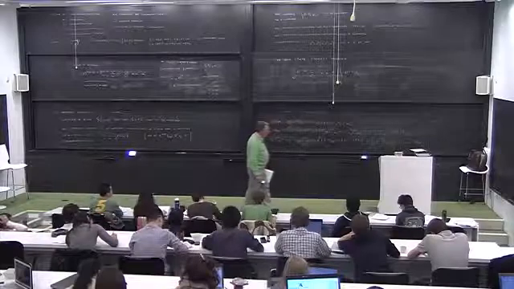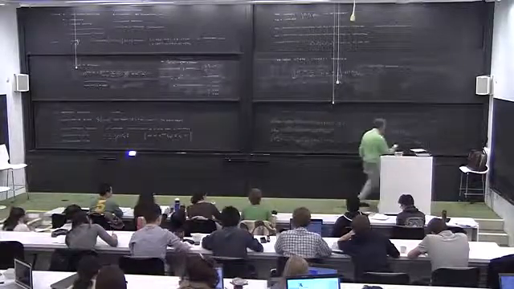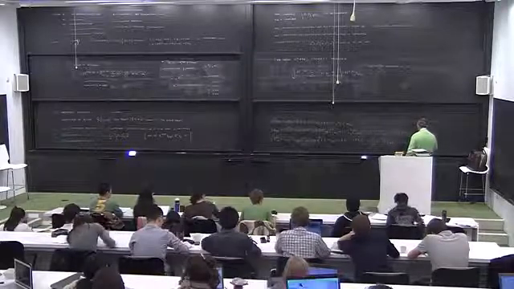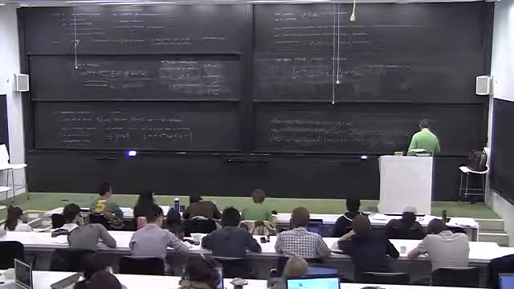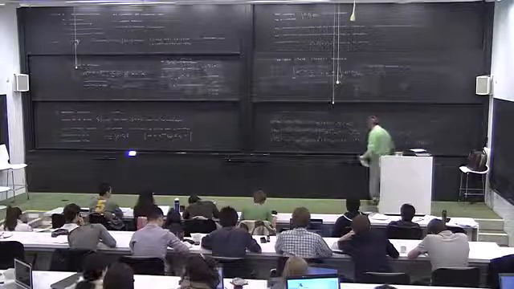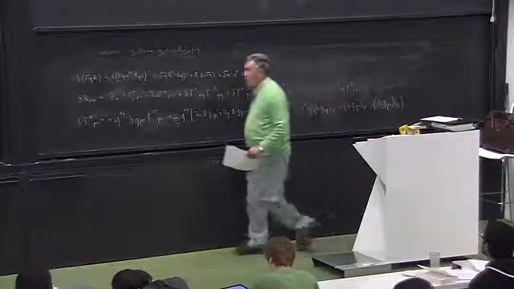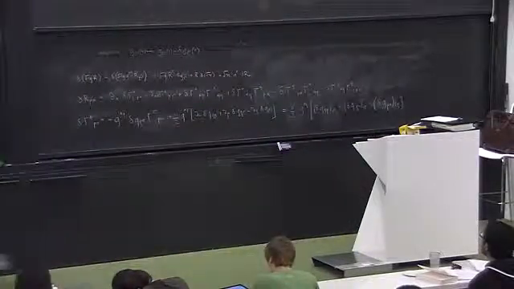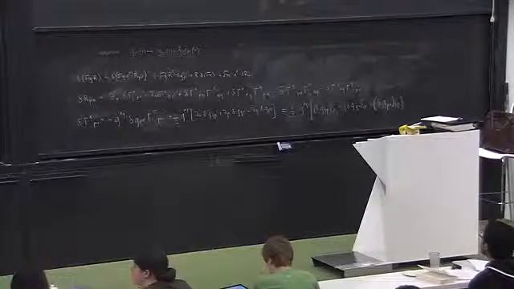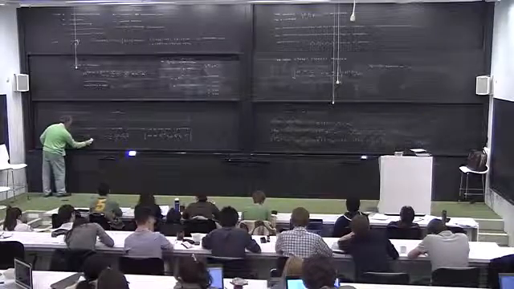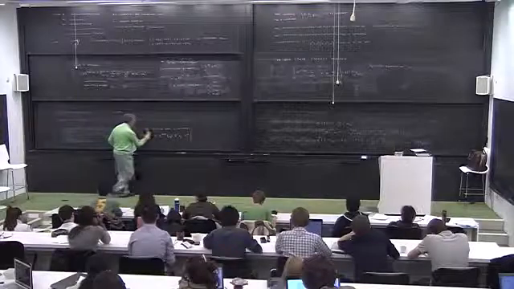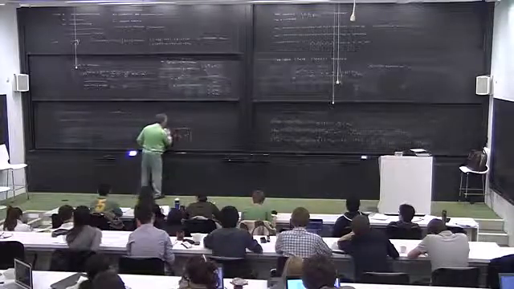Delta G mu nu semicolon rho. This is going to simplify in a moment.